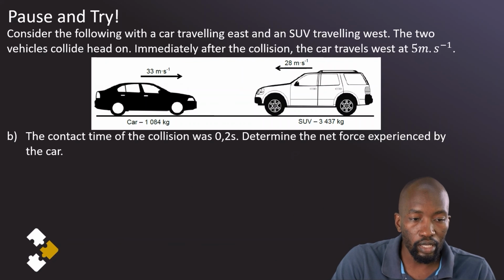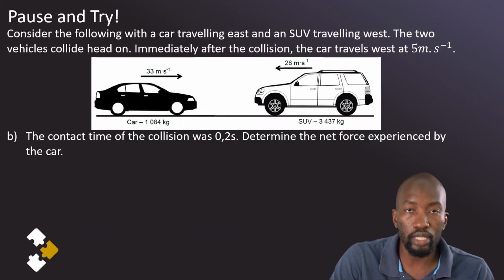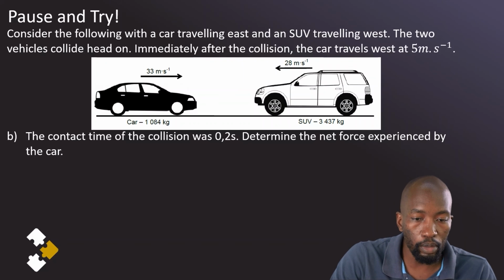Now they're saying the contact time of the collision was 0.2 seconds. Determine the net force experienced by the car. Remember, if F net is equal to the change in momentum over the change in time, then the change in momentum, we can say it's the final momentum 5420 minus the initial momentum, which is 35772.